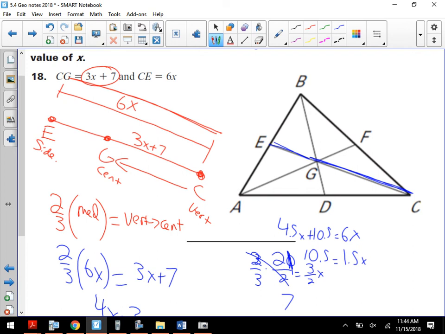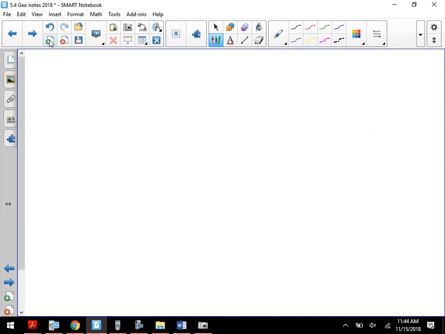What Billy was doing there, guys, you can do it if you wanted to go that route. We had the whole thing, but he remembered that if you took half of the vertex to centroid, it equals centroid to side.